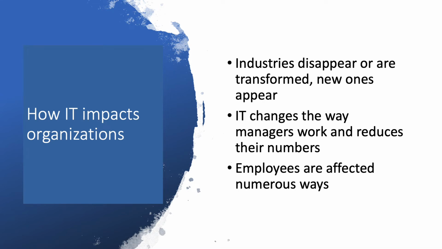So it's going to transform industries, and sometimes it'll create a whole new industry. We can think of Uber or Airbnb, which didn't exist not that long ago, and which totally transformed the transportation industry and the hotel industry.